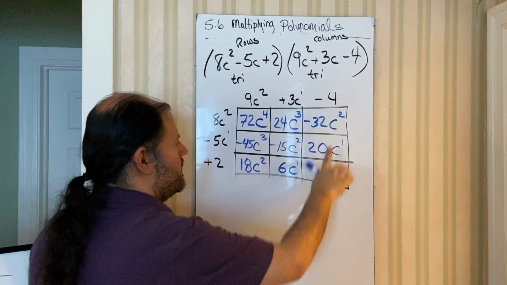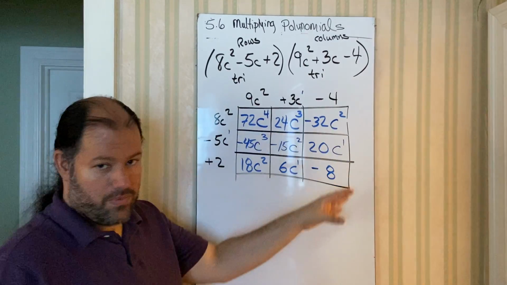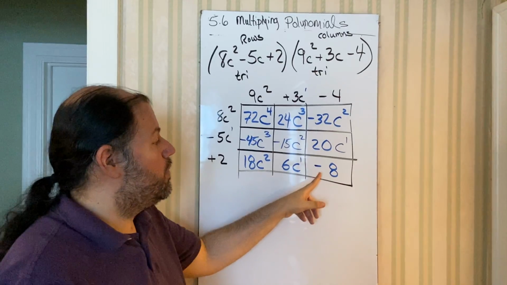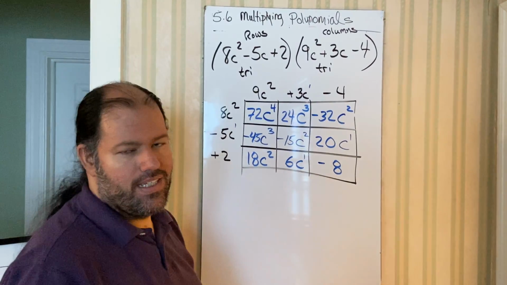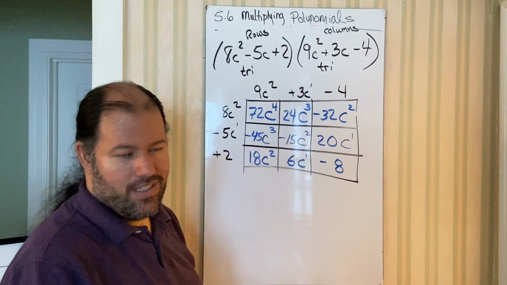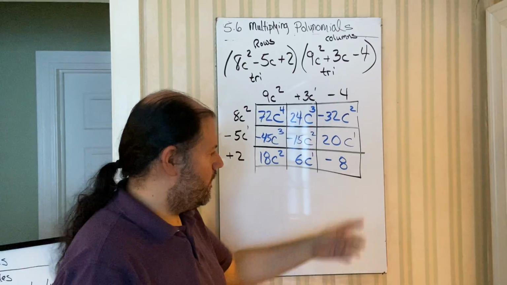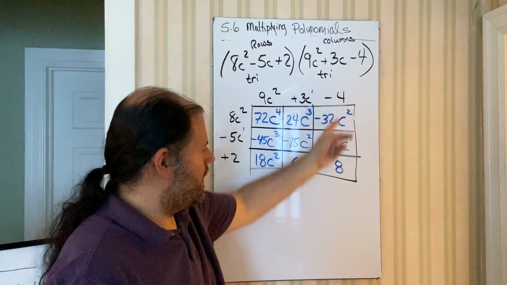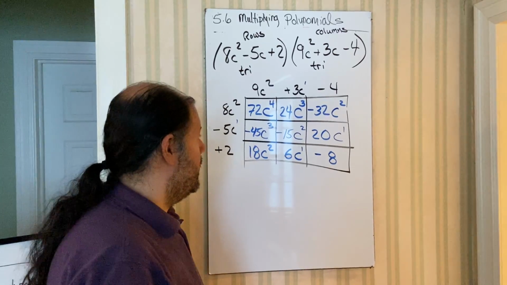And then this times this, negative 8. When you do this rectangle method, there's only one corner at most that will be a constant. All the rest will have a variable. Only this lower corner, constant times constant, will have no variable, no letters.